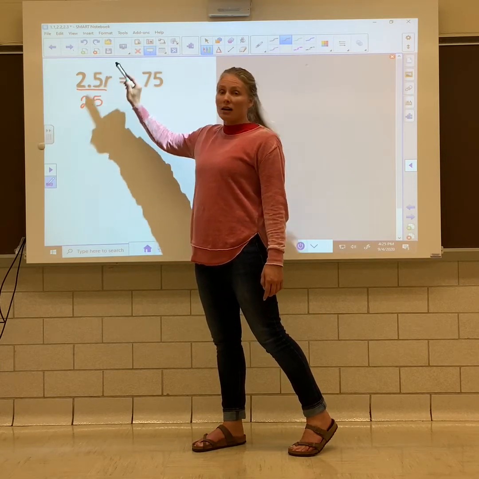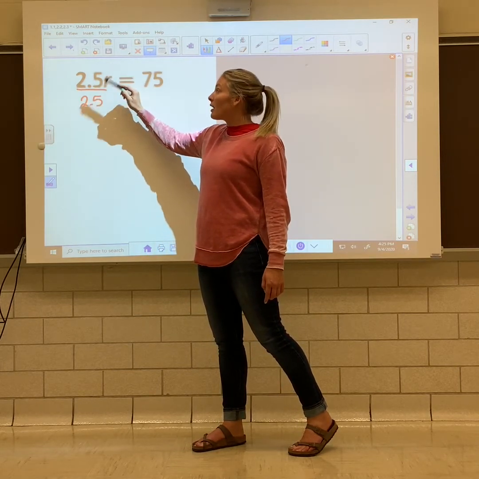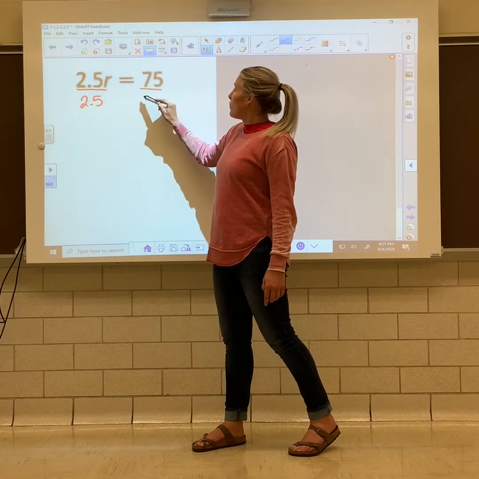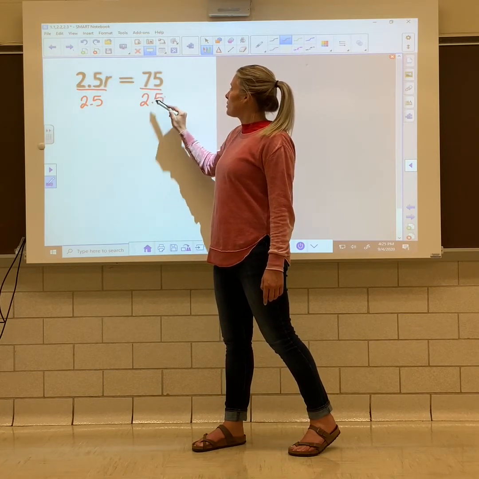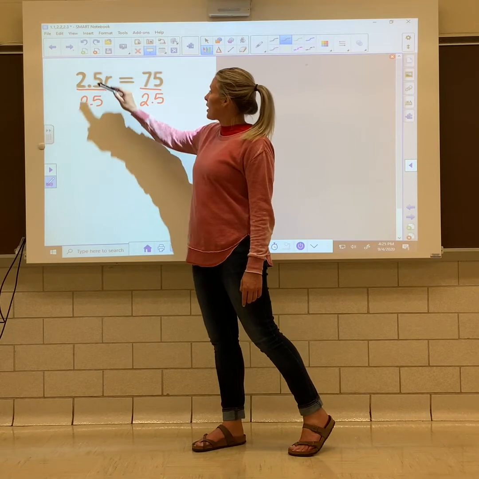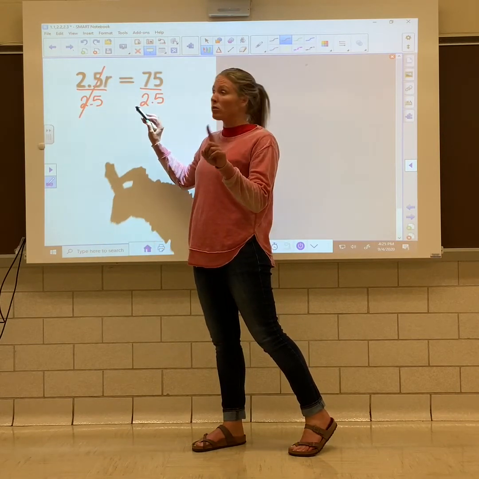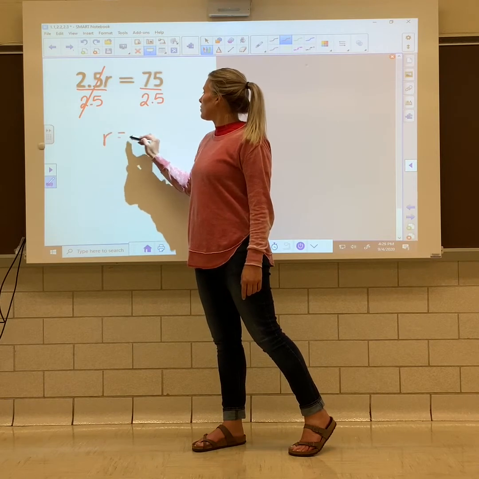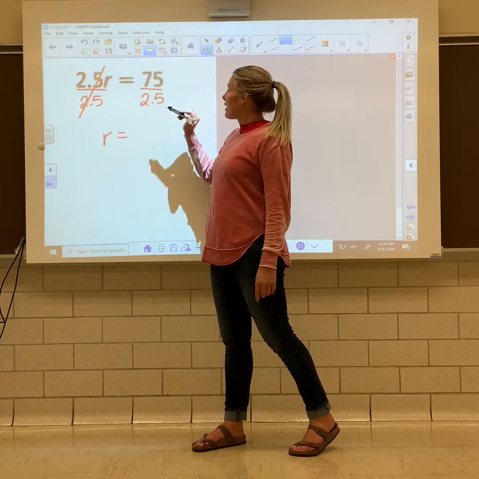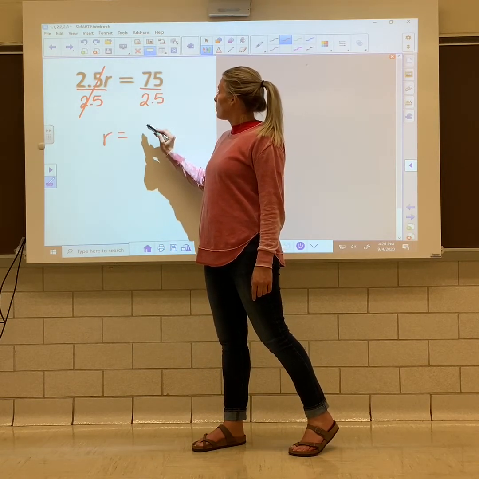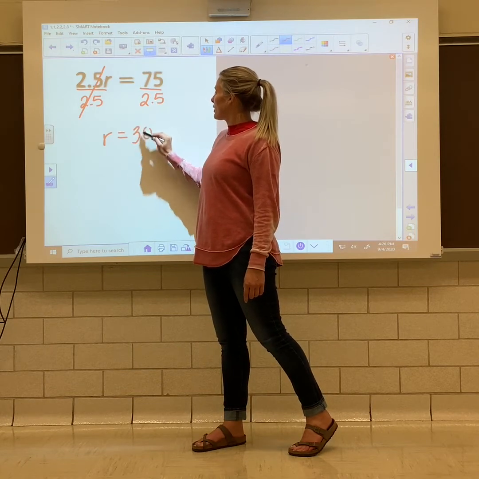That way it undoes itself. Balance the equation. What you do to one side, you do to the other. So that cancels or ones out. And r is equal to 75 divided by 2.5, which is 30.